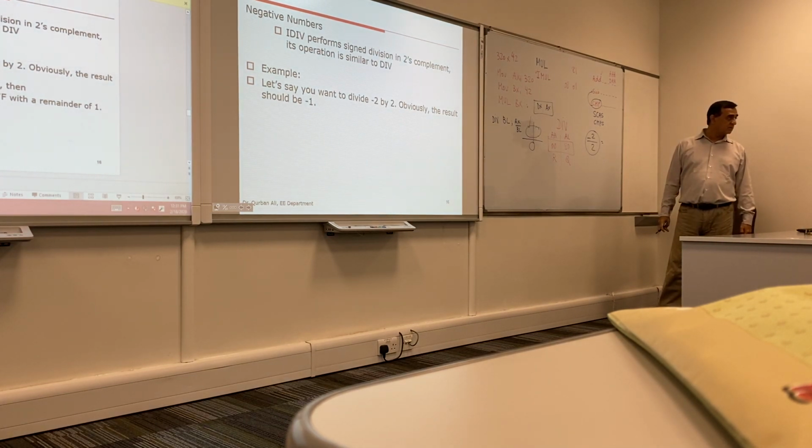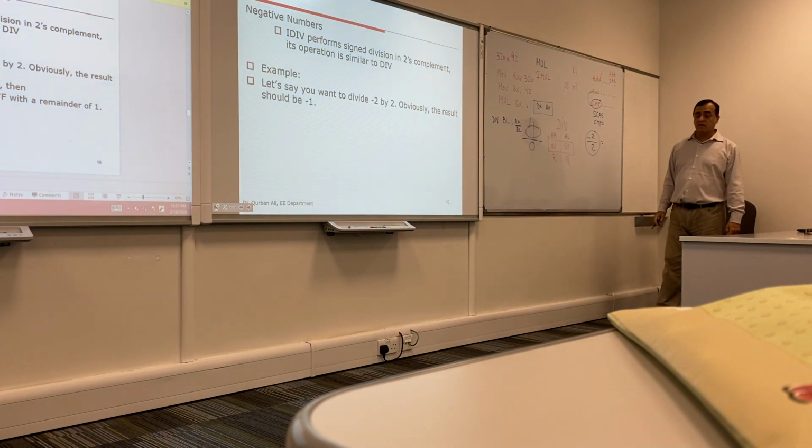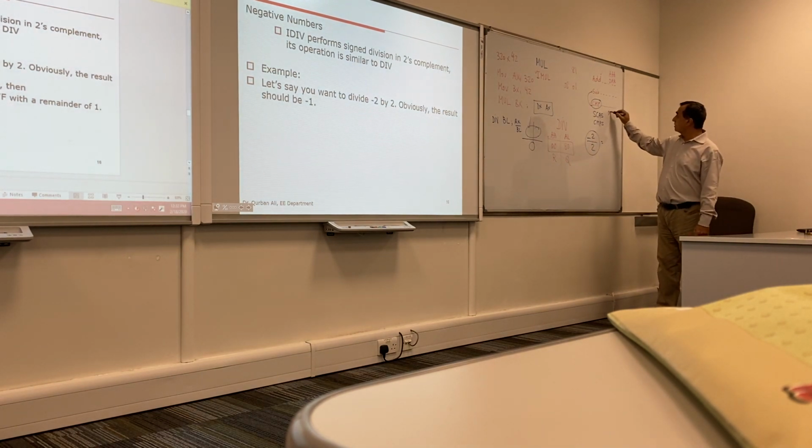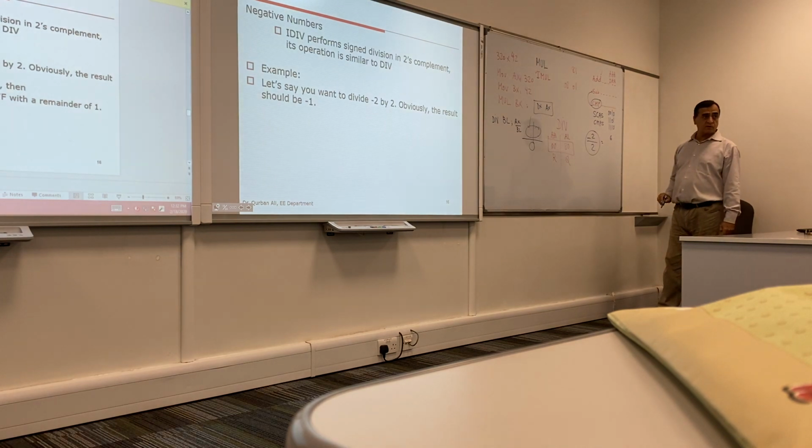Minus 2 in hexadecimal: 2 is 0010, invert to 1101, add 1, this becomes 1110. So this one is E, yes.